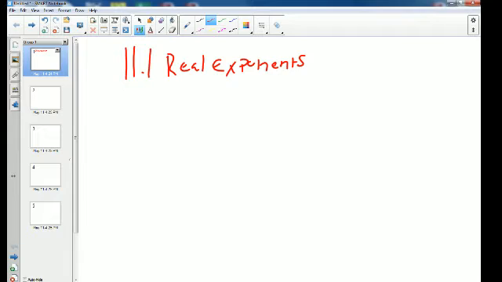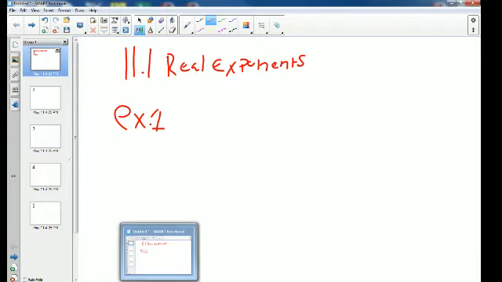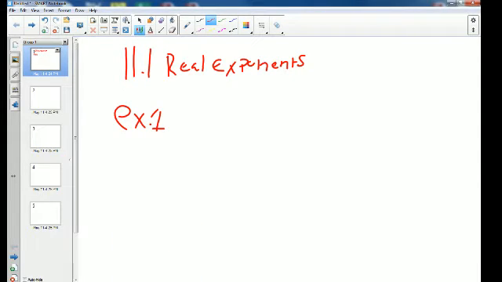First example we're going to go over is our real world example, and it is using the distance between Mars and Earth.